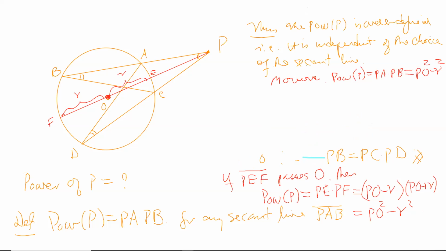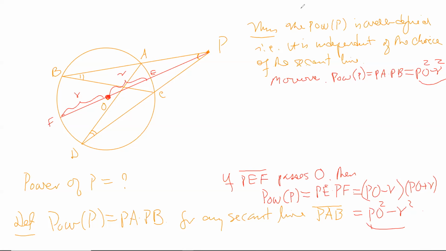So therefore, the power of the point has two different cases. One is inside, one is outside. And for the outside ones, the difference of squares from P to the center and the radius squared is a little different. Sorry.